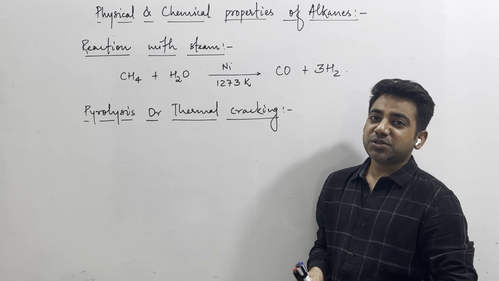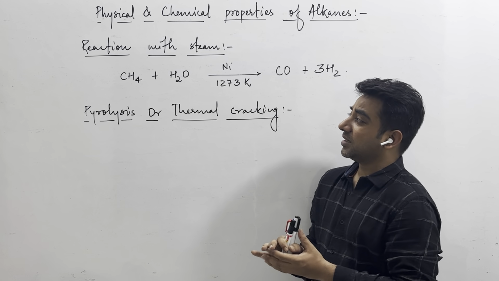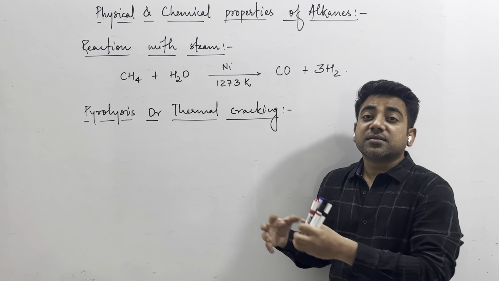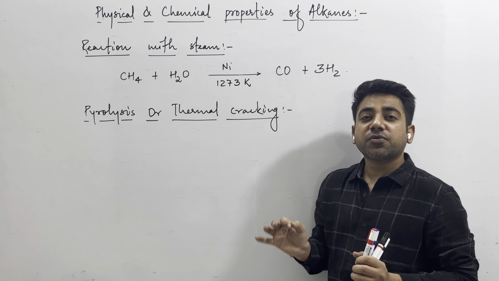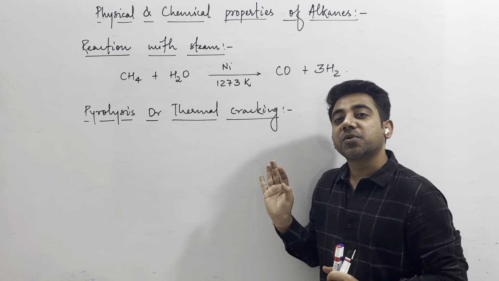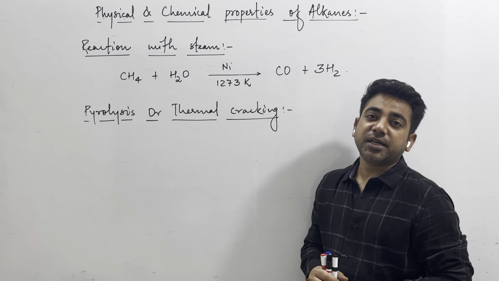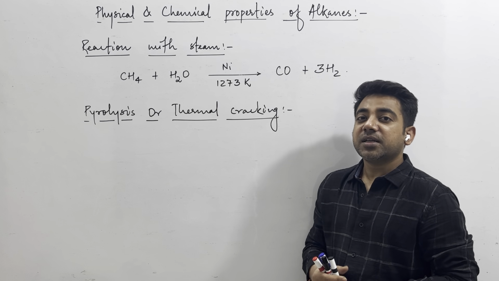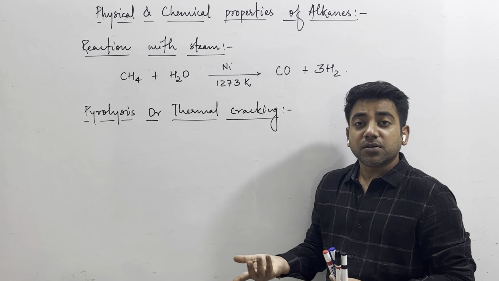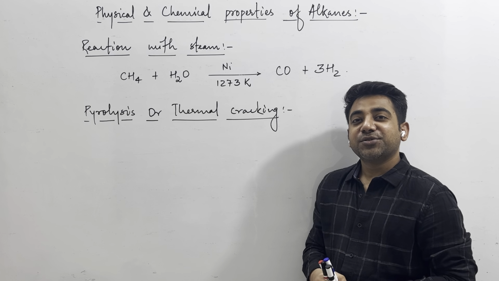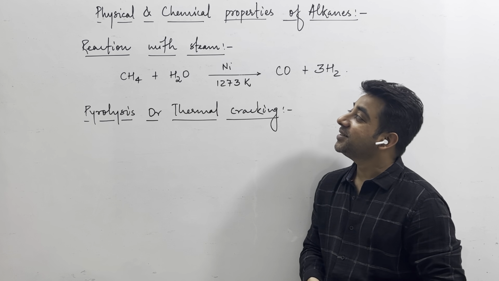Okay, so you just need to practice this reaction. There is nothing like any big concept involved in this. Cleavage of carbon-carbon and carbon-hydrogen bonds occurs, giving a mixture of alkanes, alkenes, and sometimes alkynes also as products. So that's it, children.